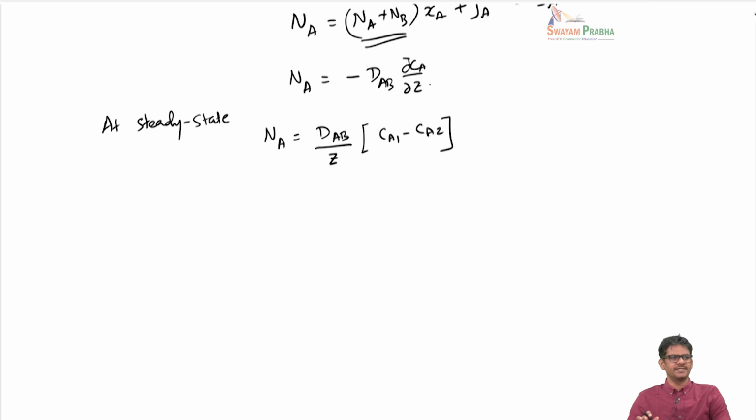Now if we want to write this expression in terms of F type mass transfer coefficient, we know that F is defined as DAB C by Z. So if you substitute this F in Na, you will get F by C into Ca1 minus Ca2.